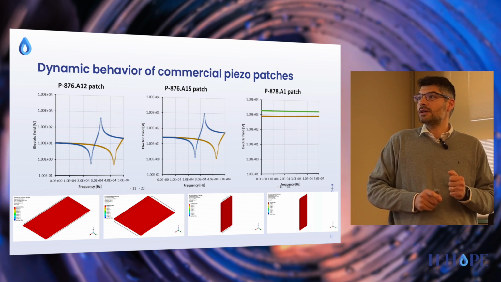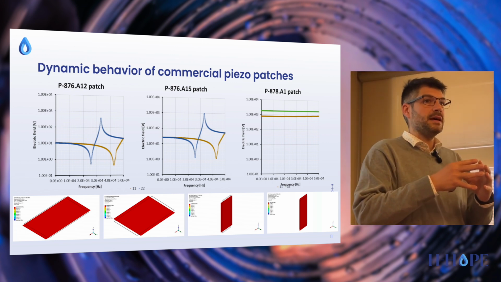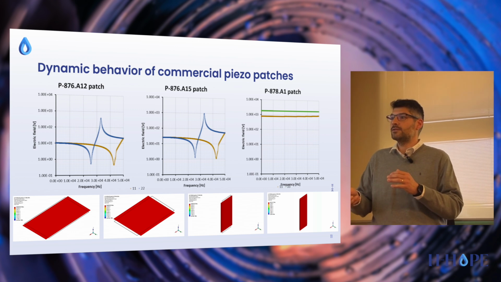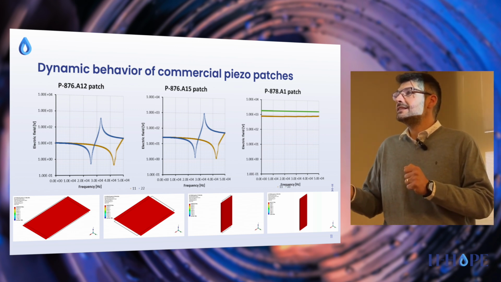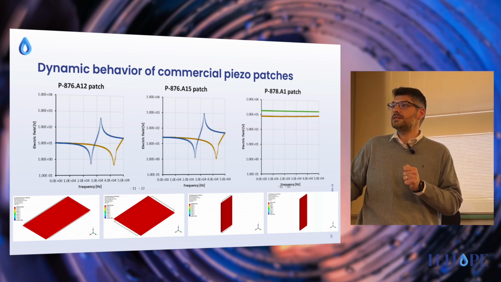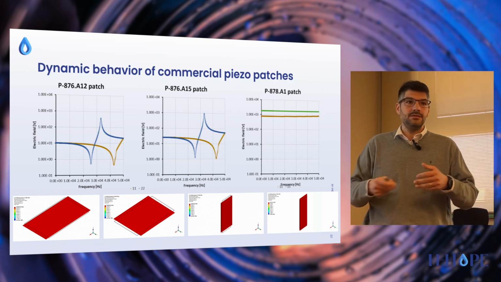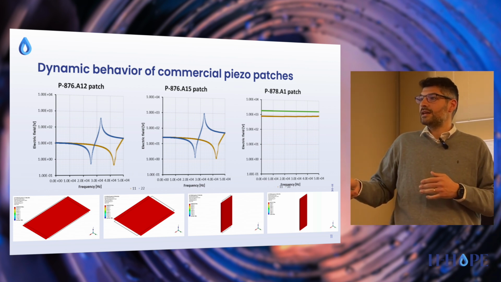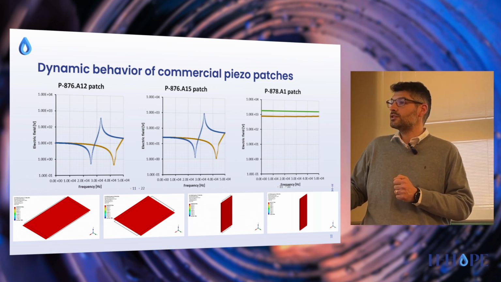But when we talk about a specific piezoelectric patch, like the ones expressed here, we can see that the behavior depends on the frequency that we are exciting, and there are two different frequencies depending on whether we are exciting the strain in the longest direction of the piezoelectric patch or in the shortest direction.